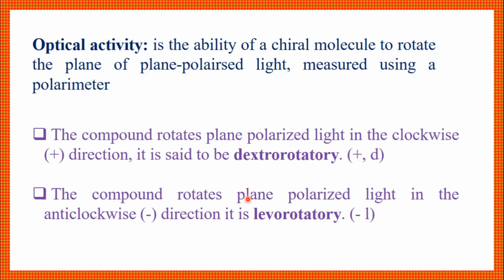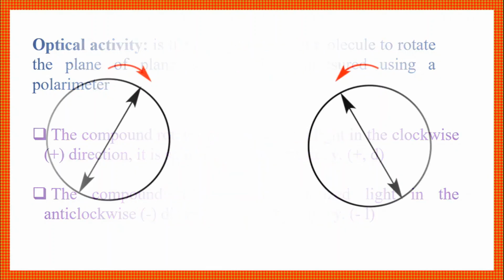The compound which rotates the plane polarized light to the left hand side is called a levorotatory compound.